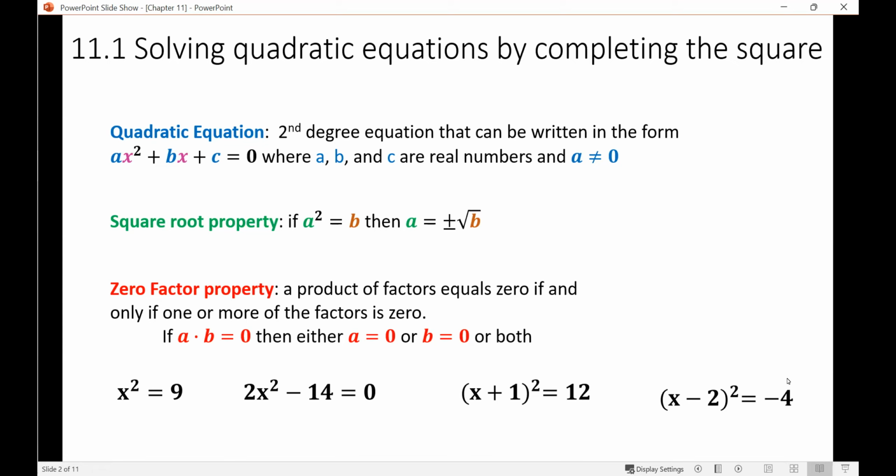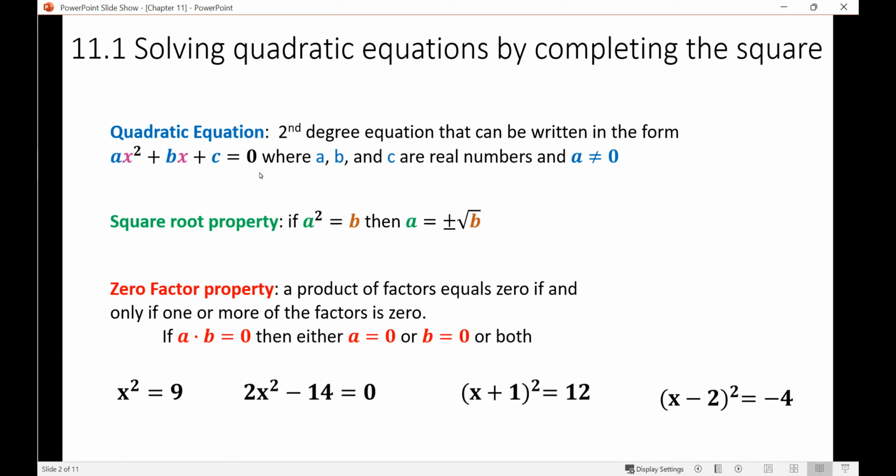All 4 of these equations are quadratic equations. Notice they are second degree equations, but none of them really look like this form we have up here, but we can, if we wanted to, write them all in this form.